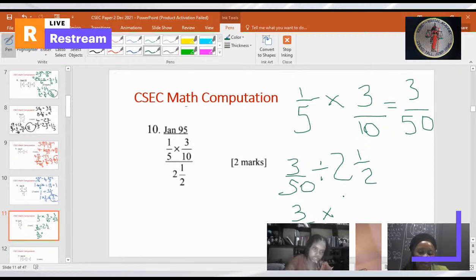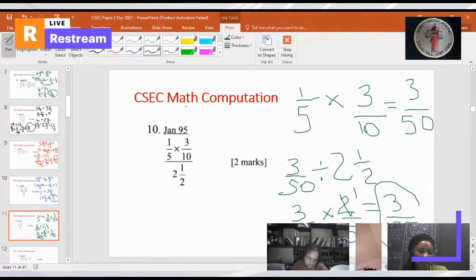We're going to invert it, which would give you 2 over 5. And we can cancel 2 into 2, 1, and 2 into 50 is 25. And 3 times 1 is 3 over 125. 25 times 5 is 125. Final answer.